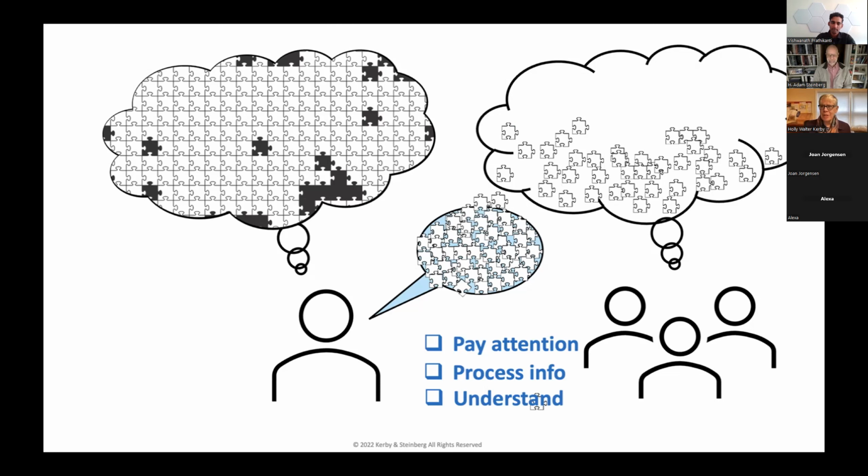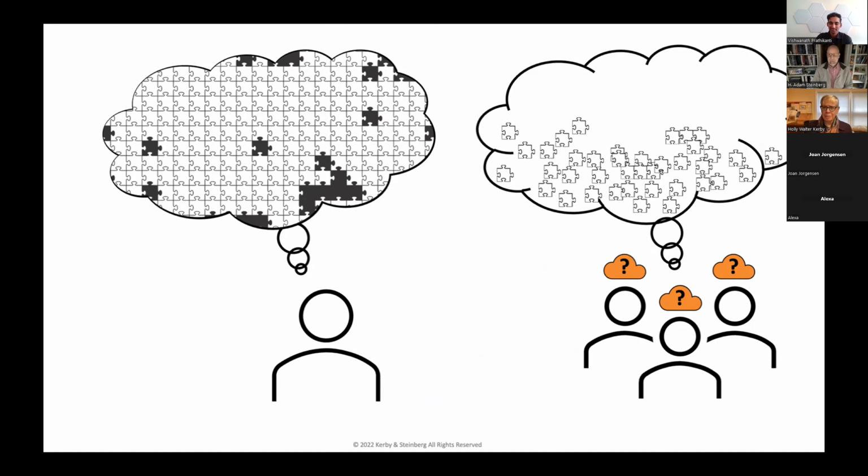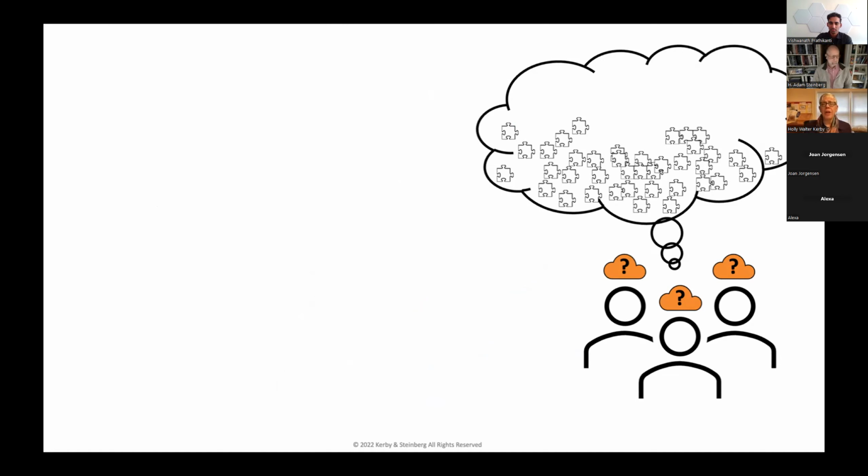And when that happens, they get overwhelmed and they feel confused, and probably they get frustrated. And after some finite time, usually a very small period of time, that means that they stop paying attention. And once they stop paying attention, you can forget about them processing information or understanding. Actually, the talk itself doesn't matter, and the speaker and the content doesn't matter either.